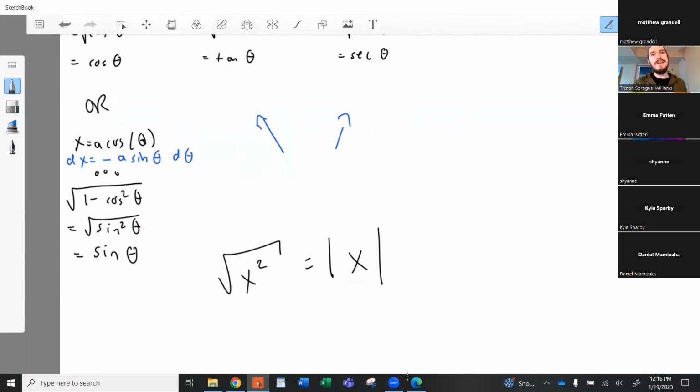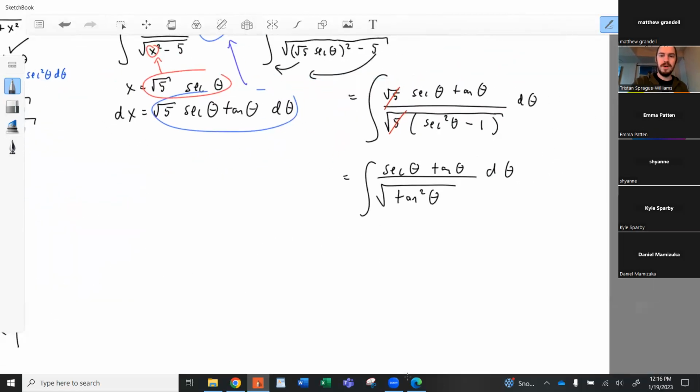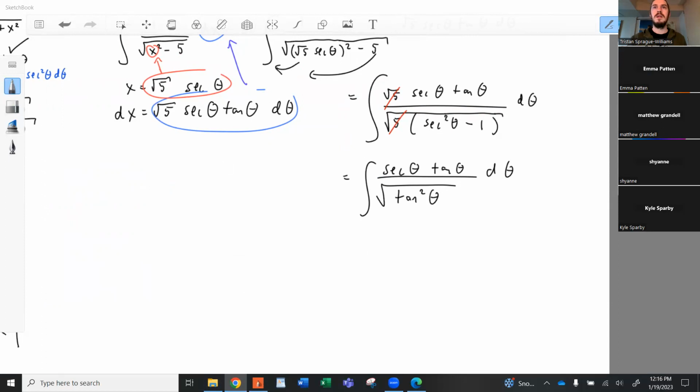Because of the whole idea that a square root is a principal square root. It doesn't give you a plus or minus, it gives you the positive one no matter what. And I'm just thinking about whether we need to worry about the absolute value on this problem. Let me check on that.